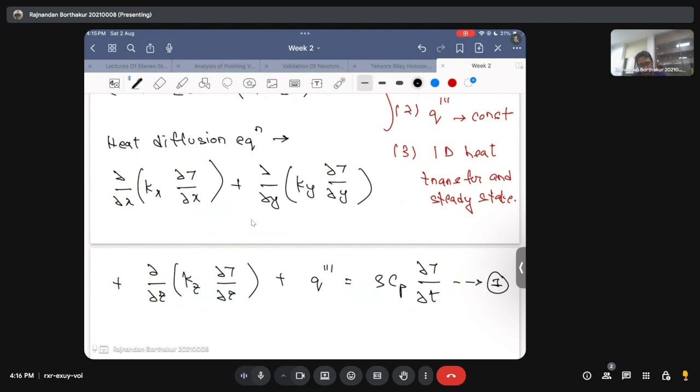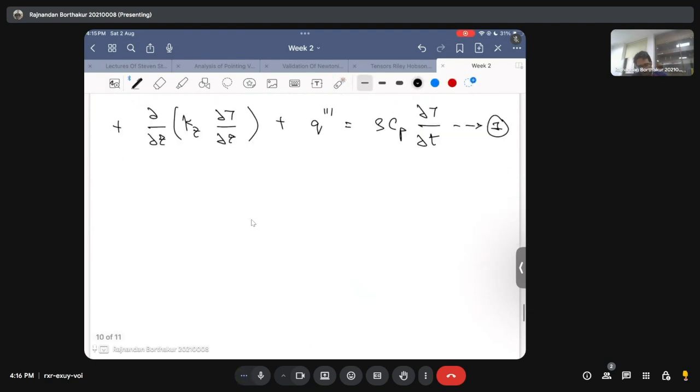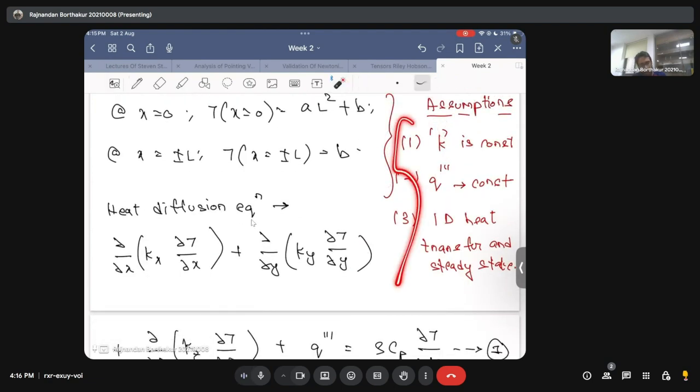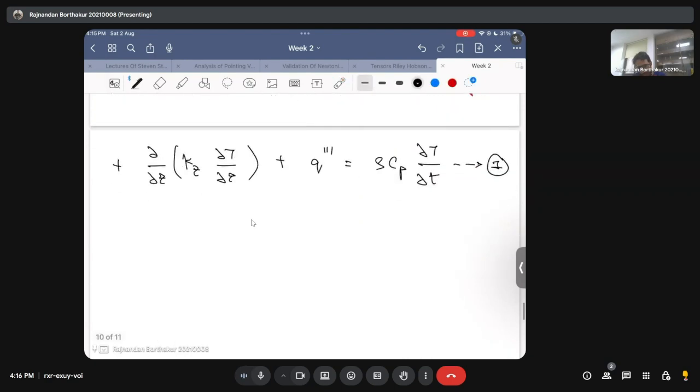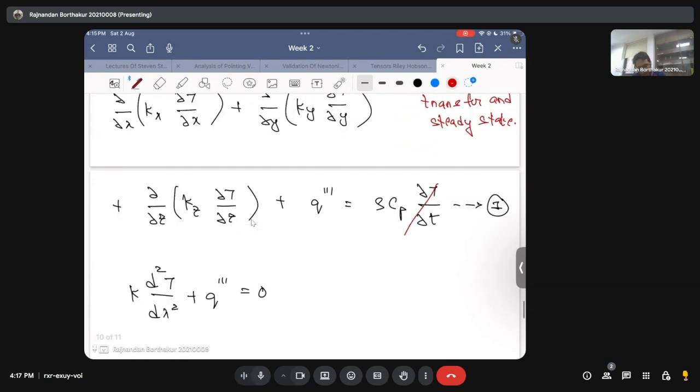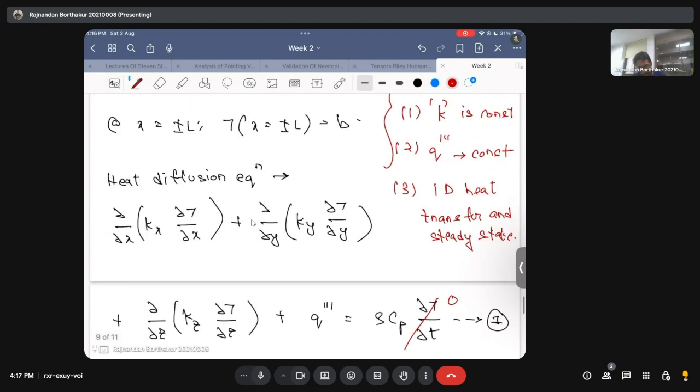Now under the assumptions that I just stated, you can show that your heat diffusion equation simply boils down to K times d2T/dx2 plus Q double prime equal to 0. The reason is that this term goes to 0 because it's steady state. These two terms will be 0 because your problem is a one-dimensional heat transfer problem, which means T is just a function of x.